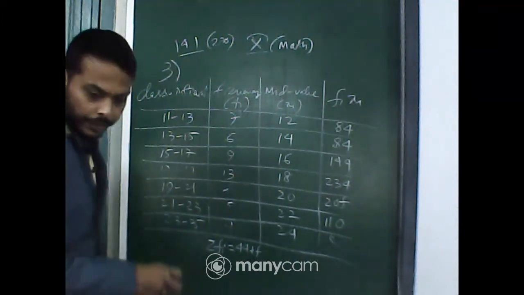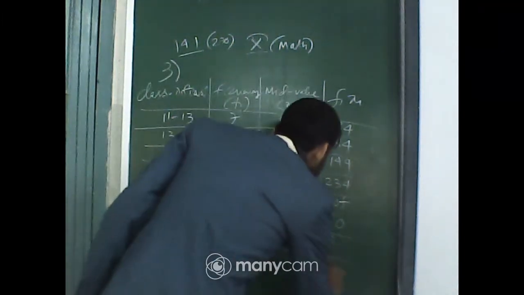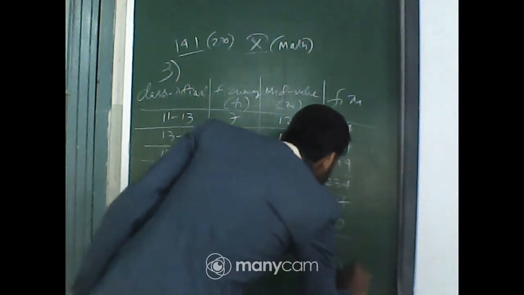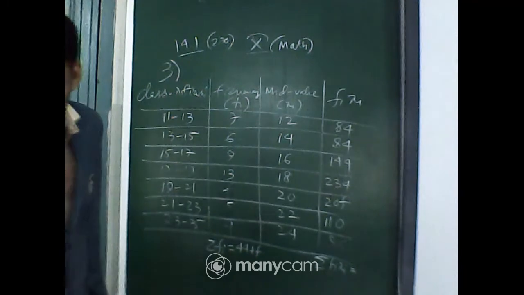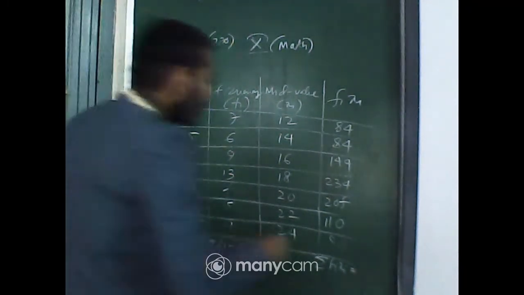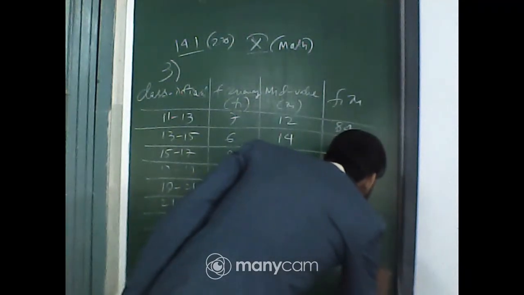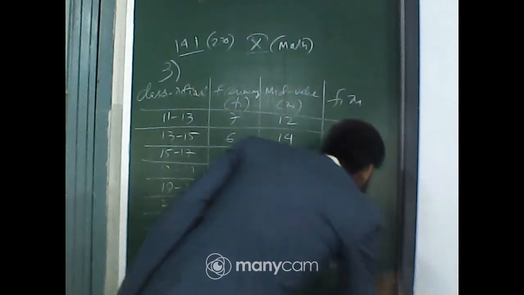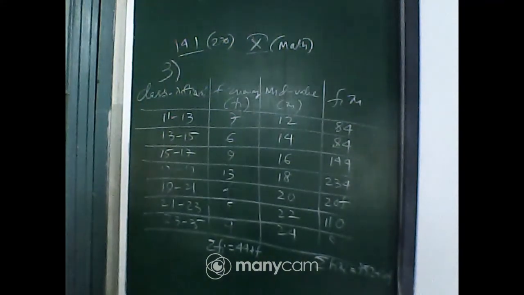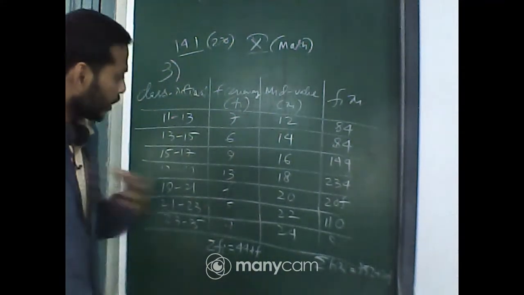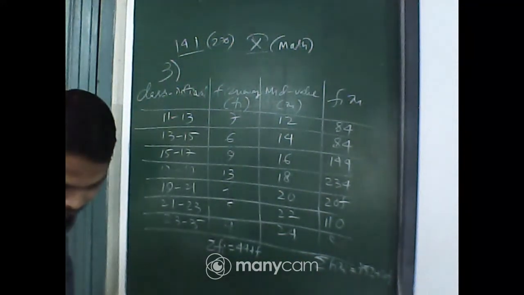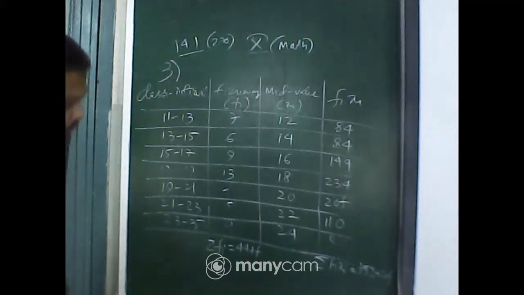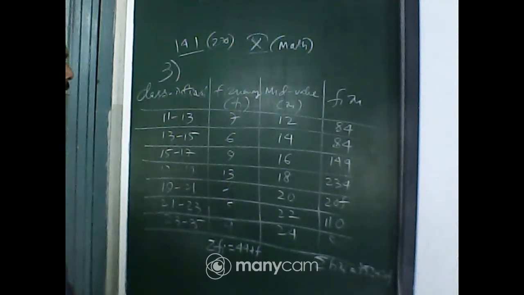And summation fixi. Is it 752 plus 20f? 752 plus 20f. Do it first, this one, summation fixi.